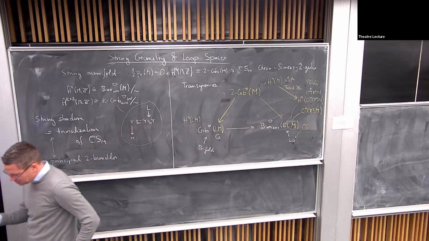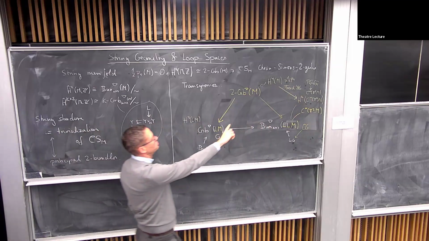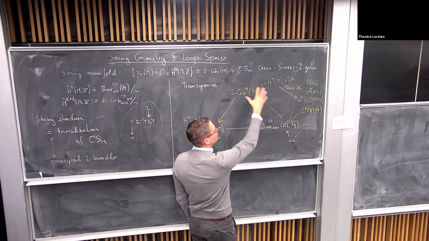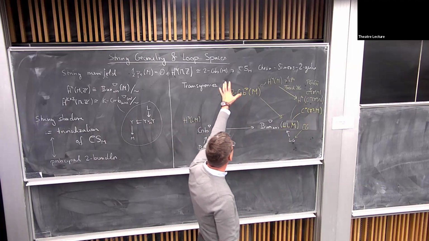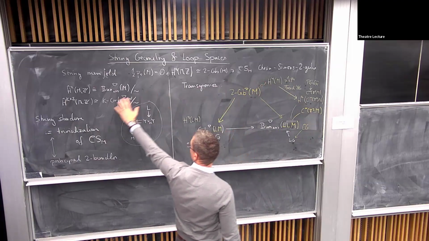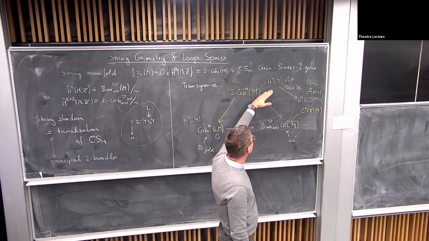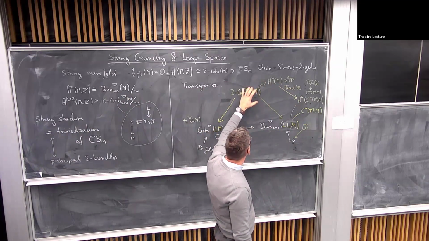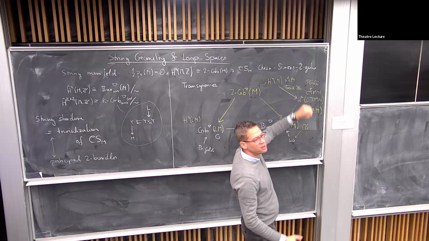And that's why we're interested in string structures, and why it's important to realize these things on a categorical level by geometric objects. Because I told you that the Chern-Simons 2-gerbe is an object here. Now suppose we have a string structure, a trivialization. It's a morphism in this category, an isomorphism, and we need the functoriality so that it transgresses to an isomorphism between the Pfaffian line bundle and the trivial line.